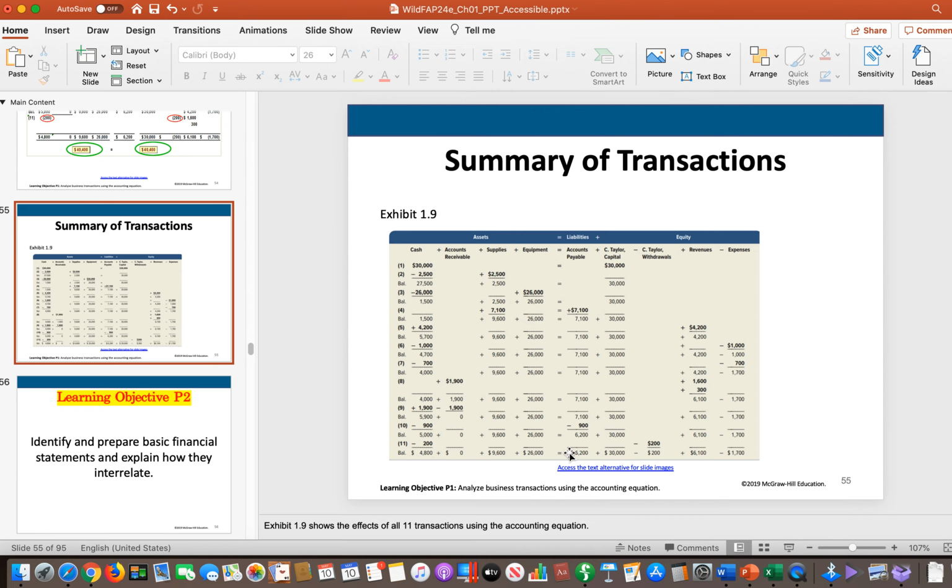Now let's go to the other side of the equation. The liabilities are what you owe, your debt as a company, $6,200, plus the $30,000 in capital that he invested, minus the $200 he took out, plus the $6,100 in revenue or sales, minus $1,700 in expenses, also equals $40,400. So both sides of the equation match. Everything's in balance.